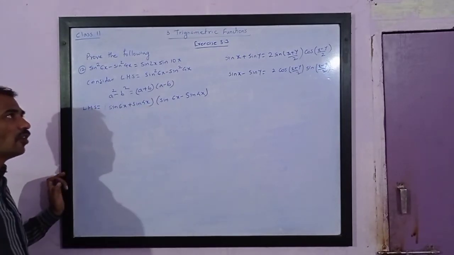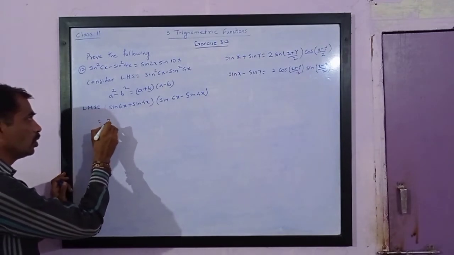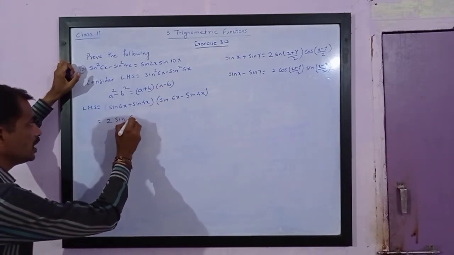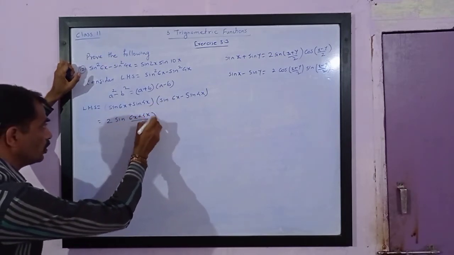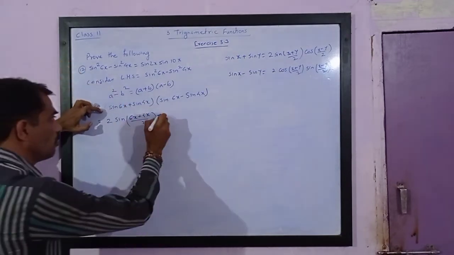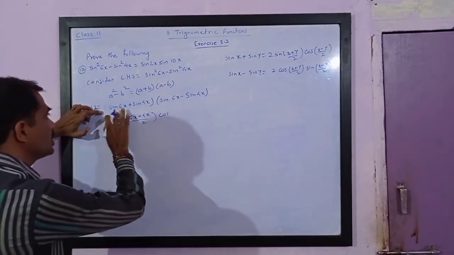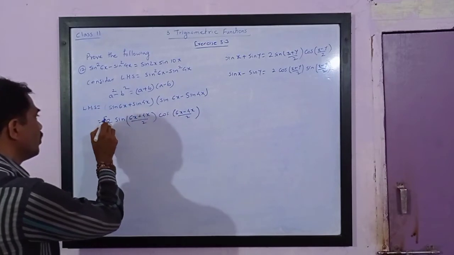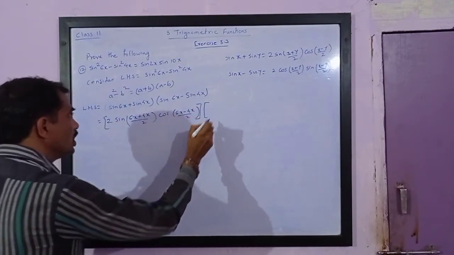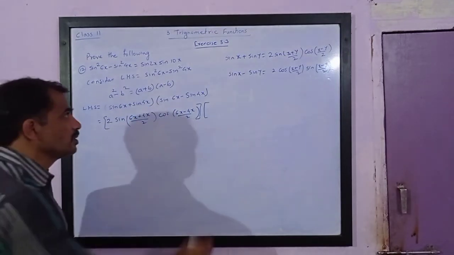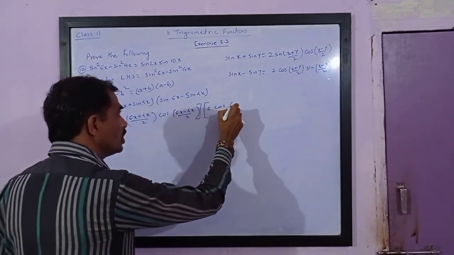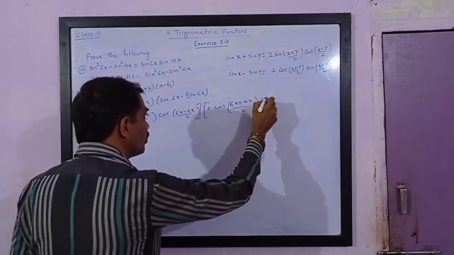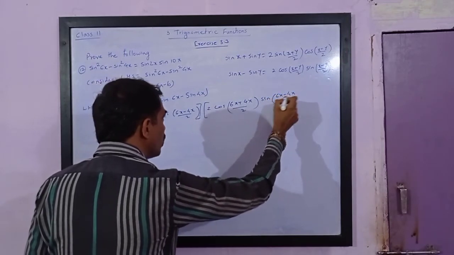Sin 6x plus sin 4x is equal to 2 times sin of 6x plus 4x upon 2 into cos of 6x minus 4x upon 2. This is the first identity, for the first bracket. For the second bracket we have 2 times cos of 6x plus 4x upon 2 into sin of 6x minus 4x upon 2.